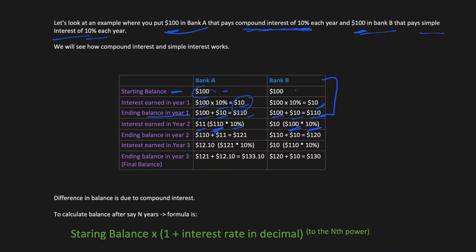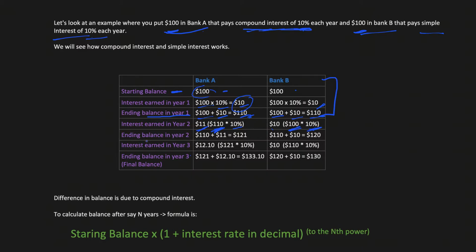In bank A, which is giving us compound interest, we will use $110, which is the amount that we got in year one. Hence, the interest earned for year two is $11. Whereas in case of bank B, which was giving a simple interest, we multiplied 10% on the same initial amount, which is $100.